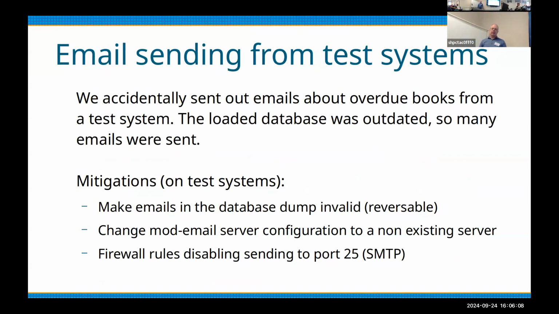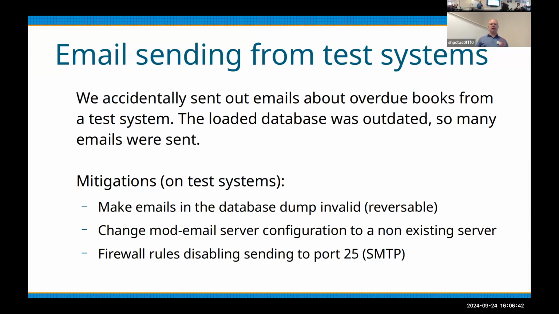We accidentally sent out a lot of emails about overdue books because a test server was loaded with an older database dump. To mitigate that, we have started changing the database to destroy all email addresses, except one. We do it in a reversible way, so we can go backwards if we need to.